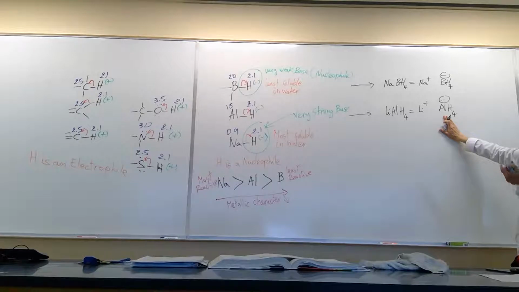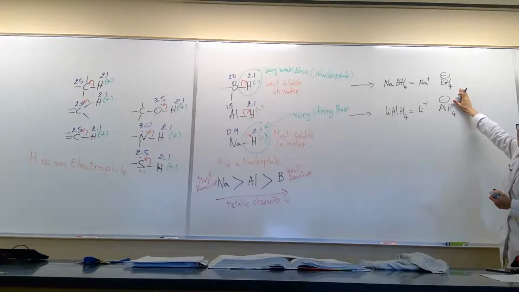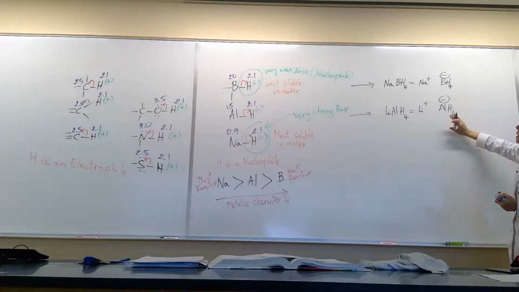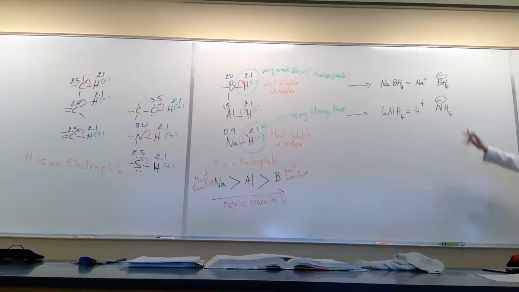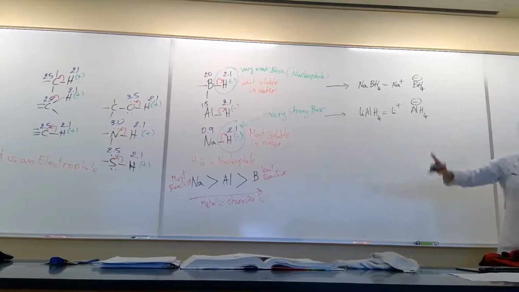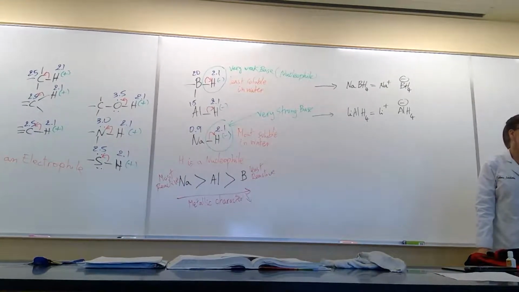We already established it's more reactive than that, okay? So this is more reactive than that. And it has 4 possibilities of hydrides. Do you understand? Each of these H's can be given as a hydride. This one, only one goes as a hydride because it's bonded to a metal. So these are details you should write.